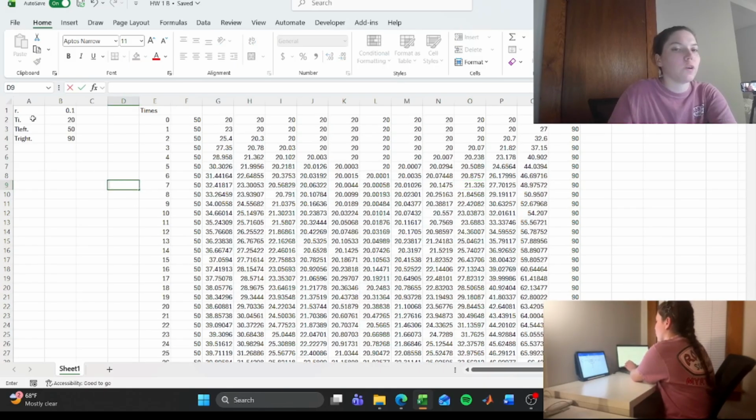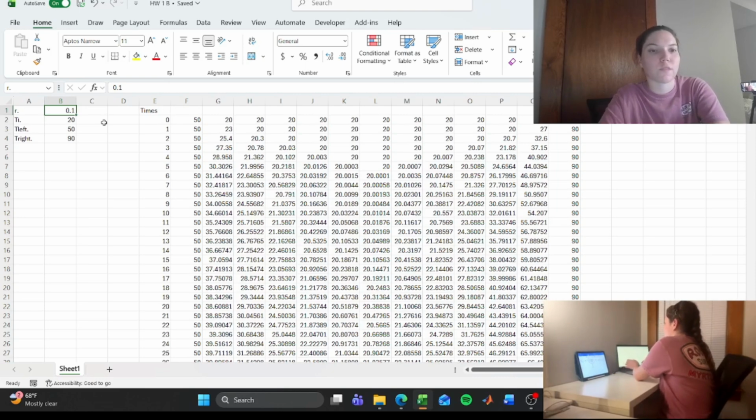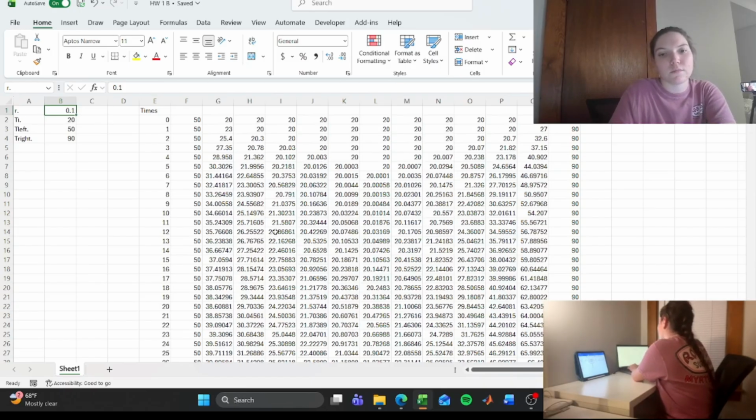If we change this R value to greater than 0.5, it would be bigger because the thermal diffusivity is higher. If there's a greater thermal diffusivity, this R value is going to be bigger, and if it gets above 0.5, then we start getting negative numbers outputted in Excel.